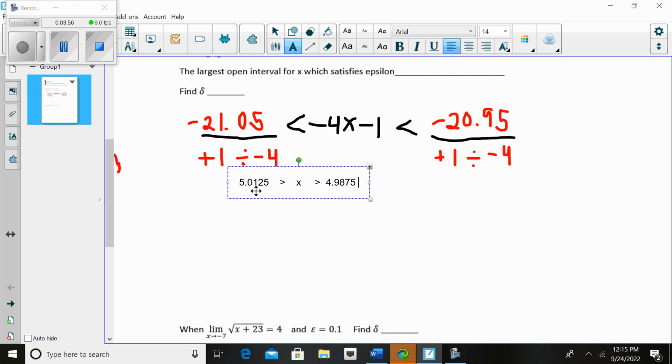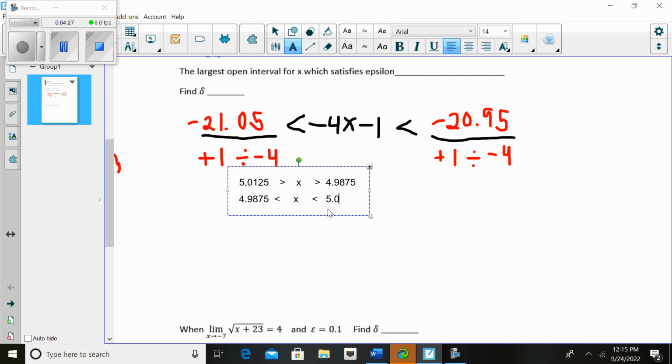And it looks very unnatural to have this, right? So what we want to do is just flip it around, okay? Because you always want to have the smaller value on the left when you have an inequality. So just flip it around, okay? And that way you can have the less than symbols again, and that looks right. That looks natural and correct.